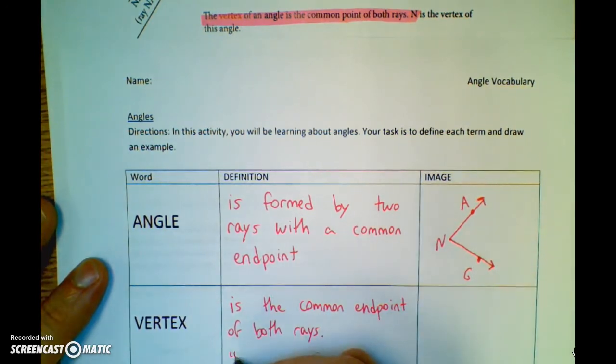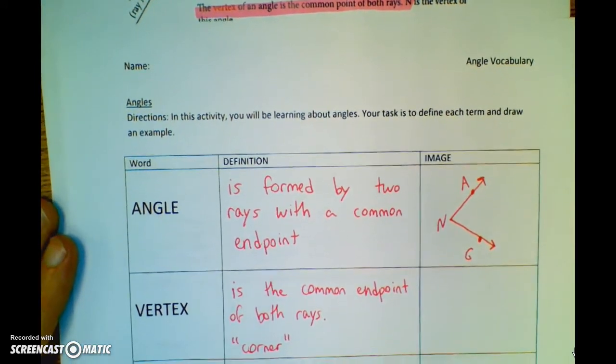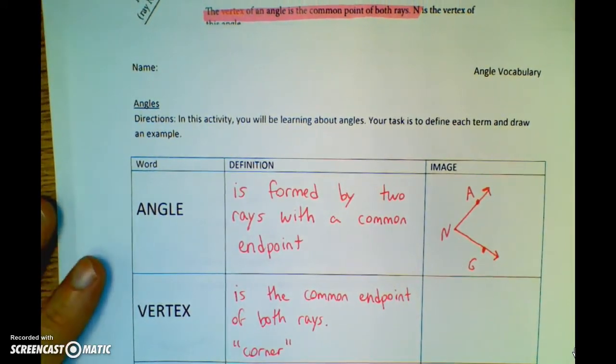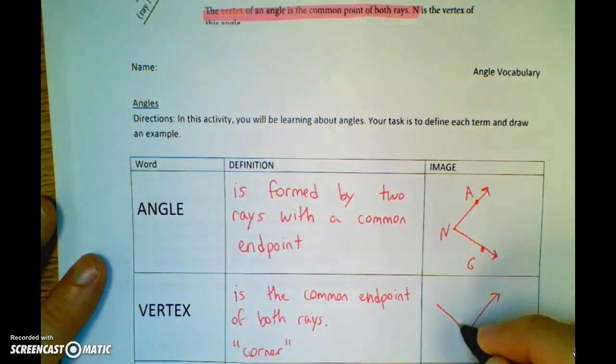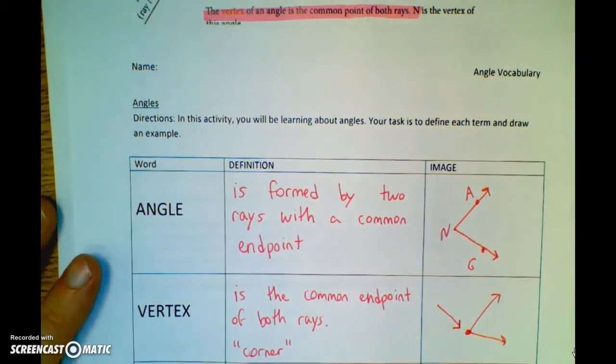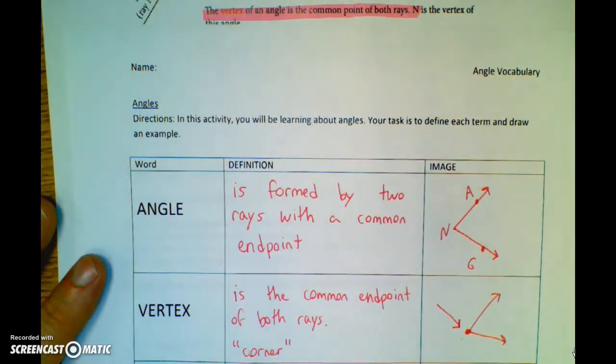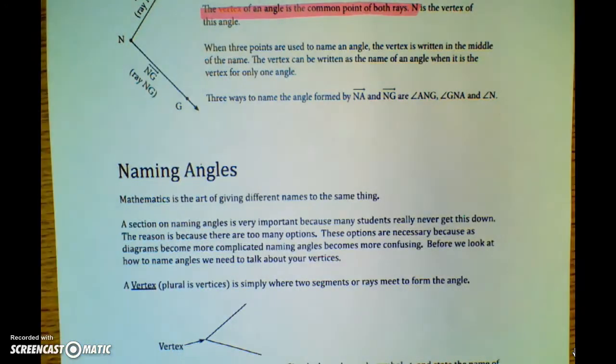I'm going to put in quotations "the corner." That helps me think about it when I'm looking and working with vertex. So in our picture above, I'm just going to draw a regular angle. This point right there is the vertex. That corner point is considered your vertex. Okay? Alright.